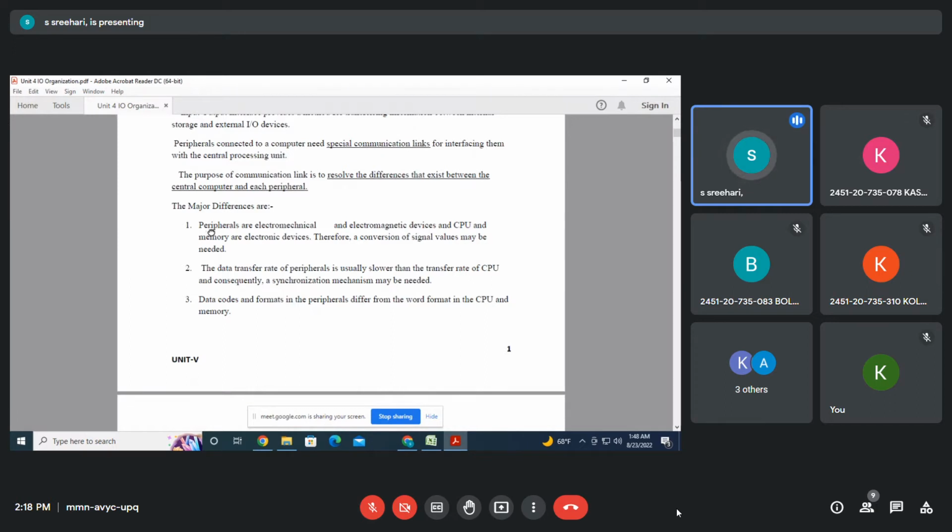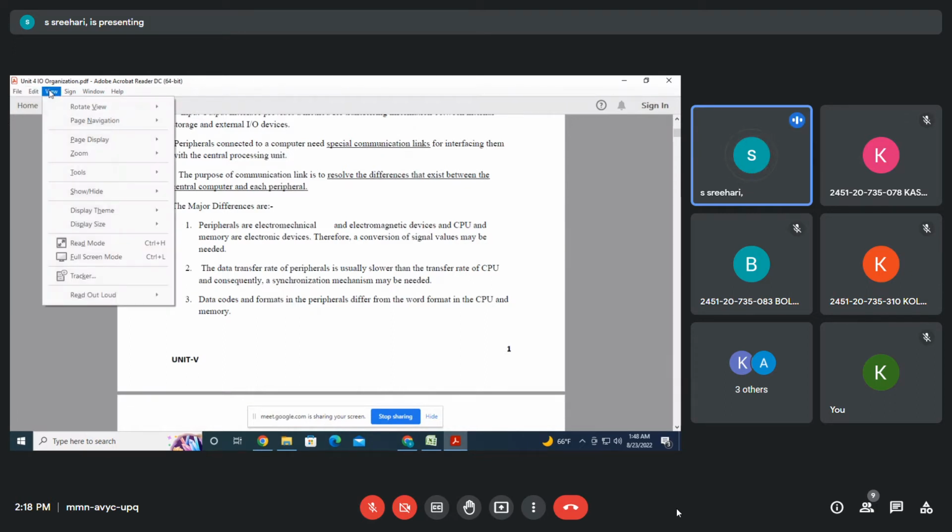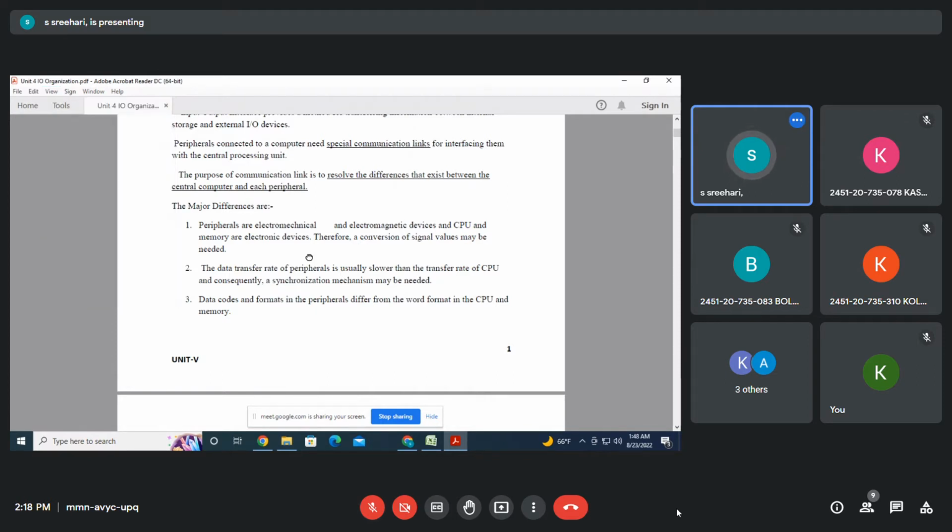Why do we require it? First, for peripherals, which convert electromechanical and electromagnetic devices to CPU, memory or electronic devices, conversion of signal values may be needed. So we require an interfacing circuit between the IO devices and the processor. The first point is conversion of signal values.